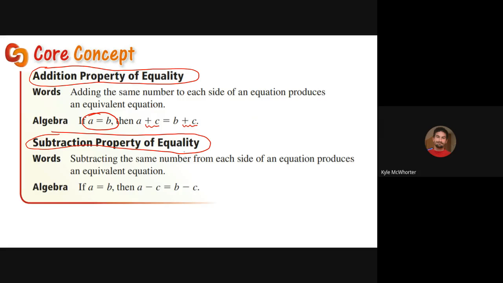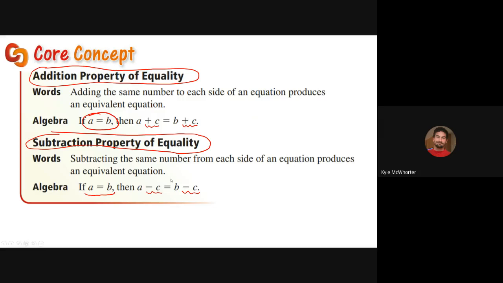The subtraction property of equality is really similar. If you have an equation, then you can subtract the same number from both sides and you get an equivalent equation. And equivalent equations have the same what? Two equivalent equations will have the same solutions, right?